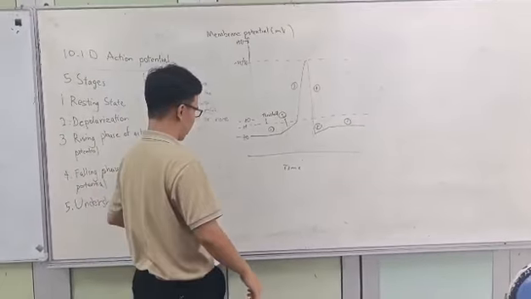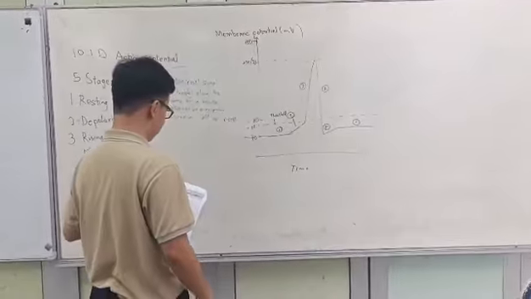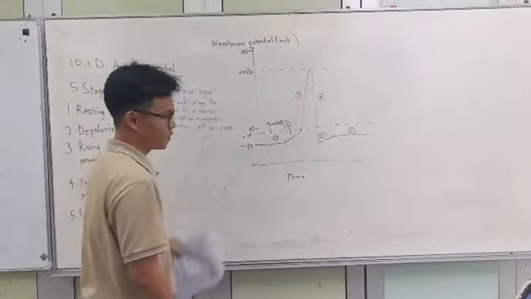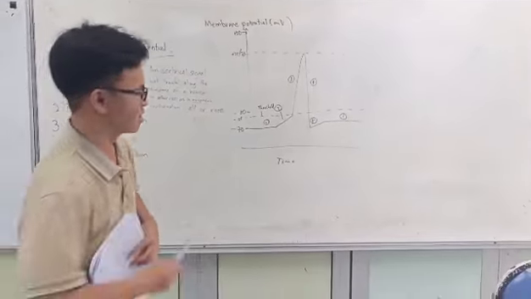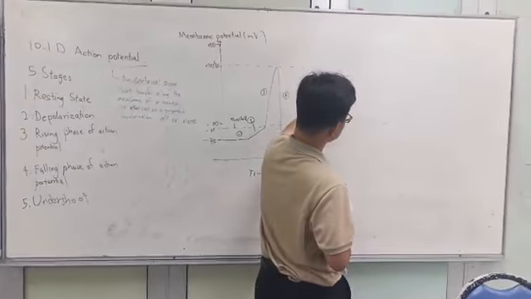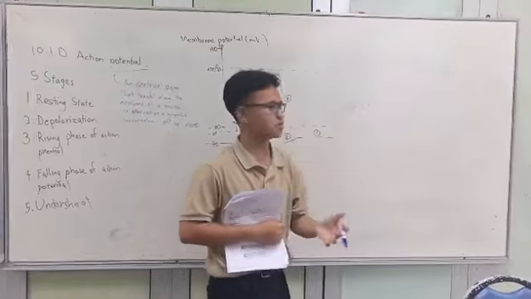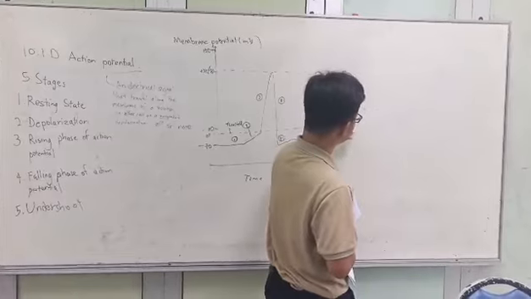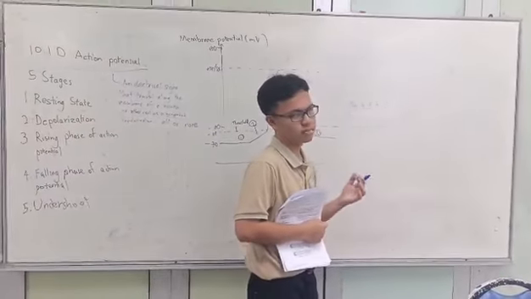So when the axon membrane is polarized, it is negatively charged inside the axon. It is basically like this. This is the axon. Its outside is positive due to the metal ions outside of it, such as sodium ions and potassium ions.